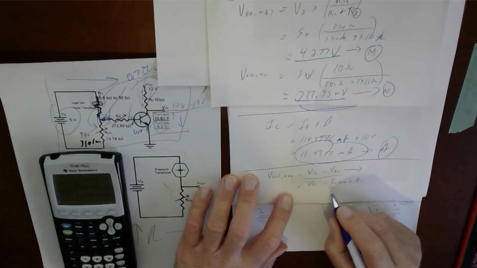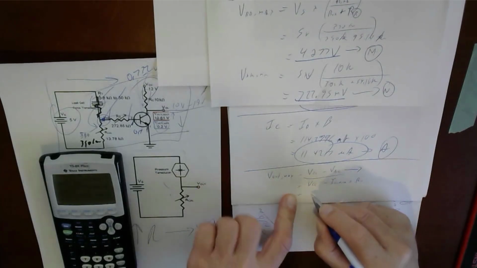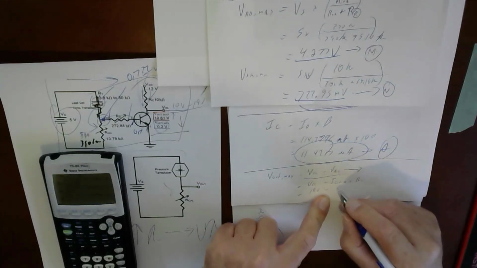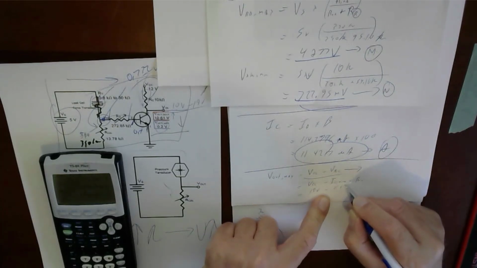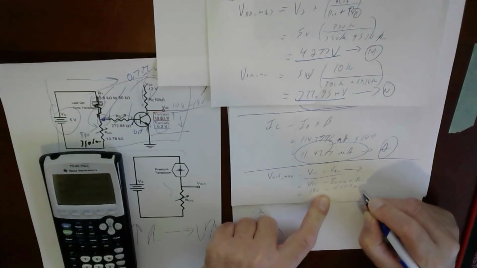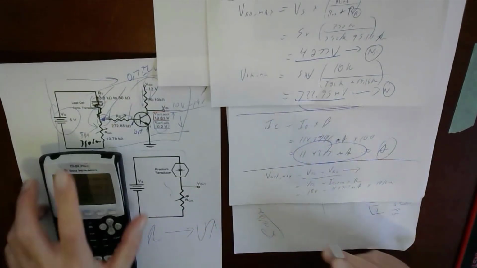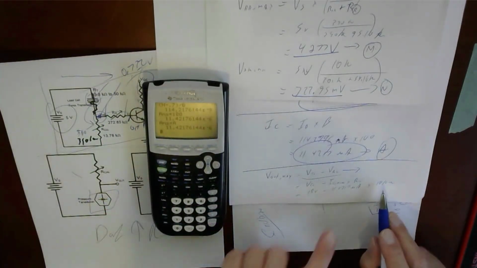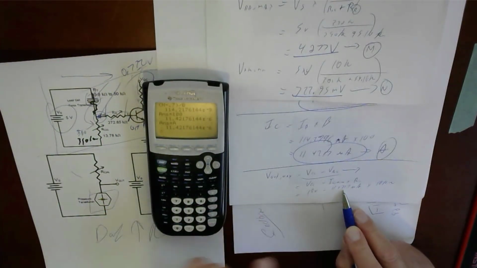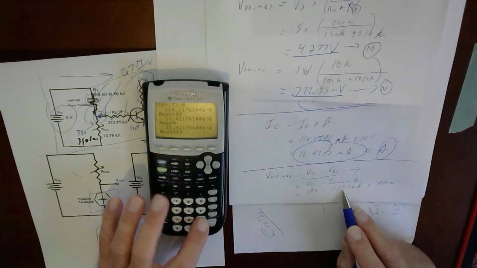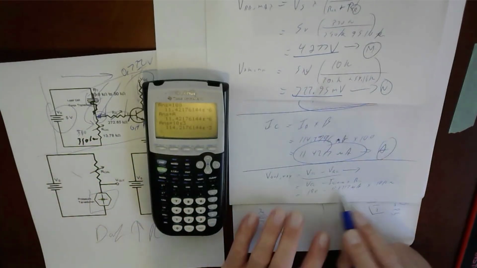And that's it. So I'm just going to calculate this. Now VCC is going to be 18 volts minus 11.4217 microamps times 10 kiloohms. And let me put that math in. Now, I've already got this value in my calculator, so I'm just going to multiply that by 10K. And now I have that number.